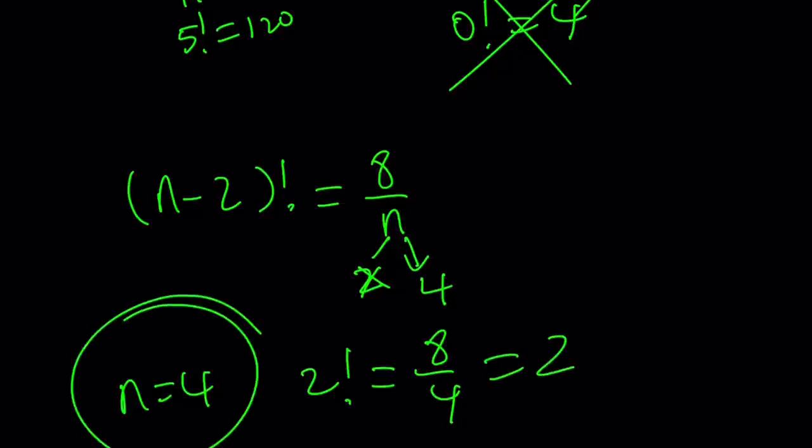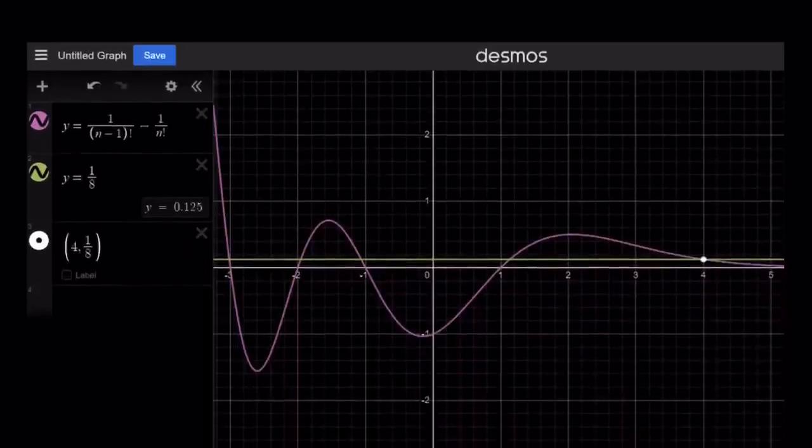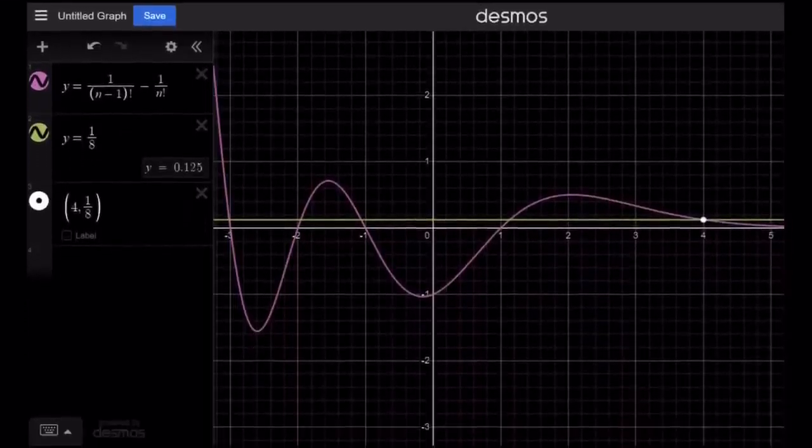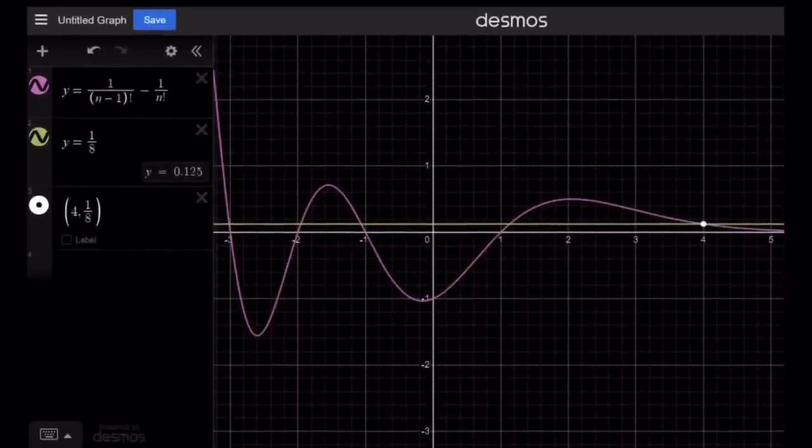Let's go ahead and take a look at the graph. Obviously, if you graph n factorial or anything like that for integers, you're going to get dots only. They're not going to be connected. But if you think about the gamma function, that's something you can definitely look at, the definition of the gamma function. And you're going to see that you have a continuous graph.